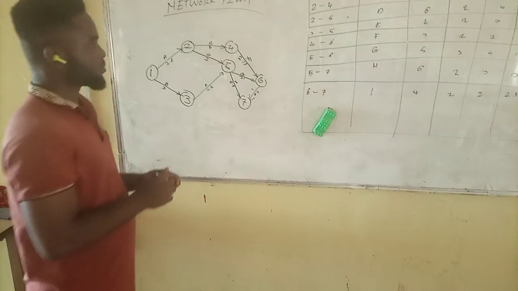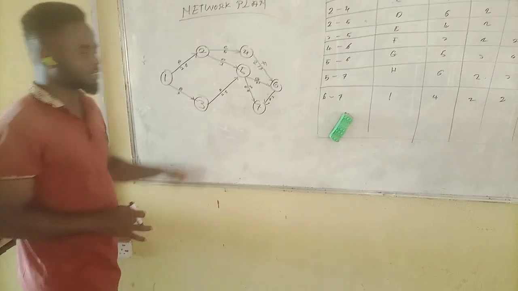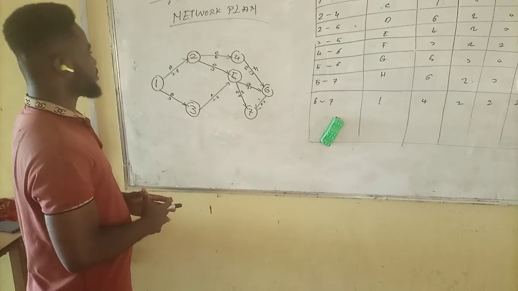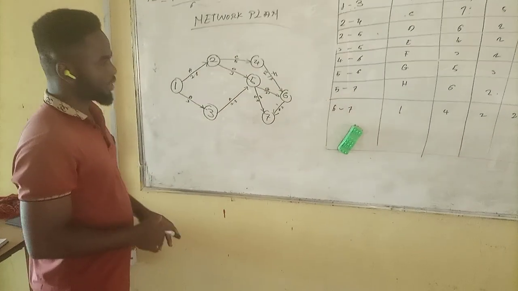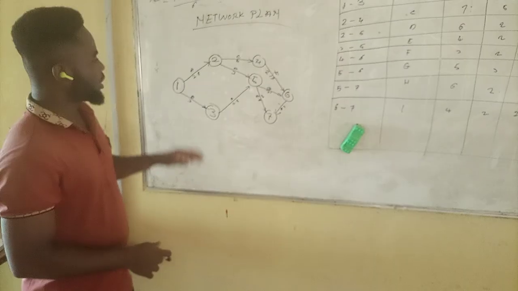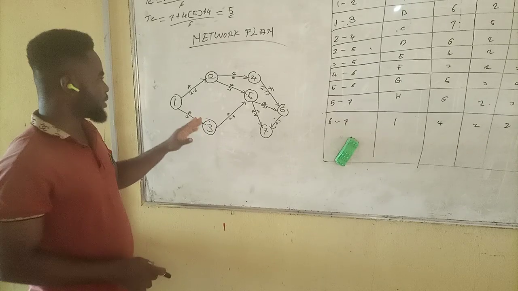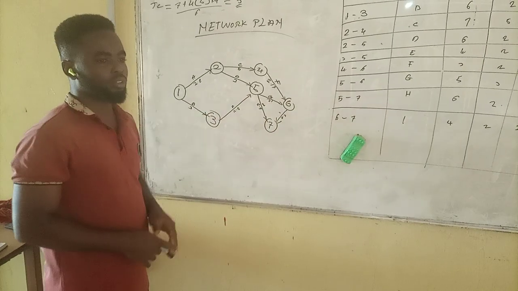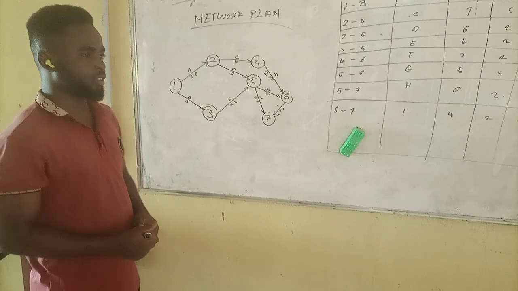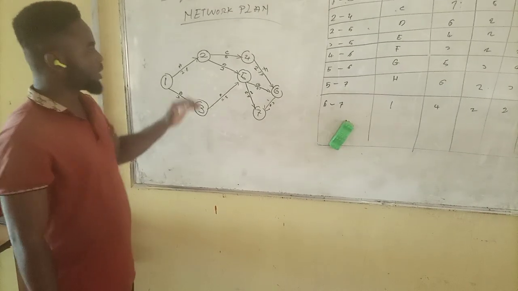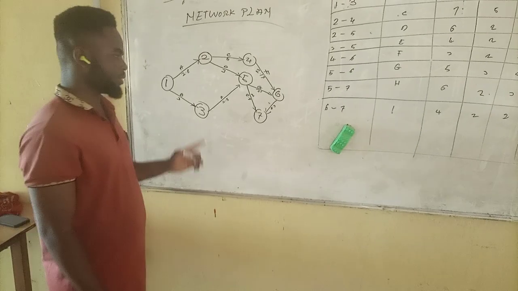So now, after getting this diagram and putting your TE in this diagram, what you bear in mind is that here is where the work is. Any mistake you do here will ruin it.